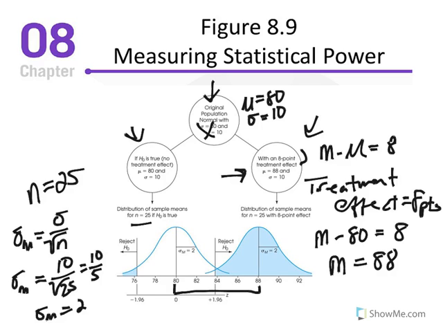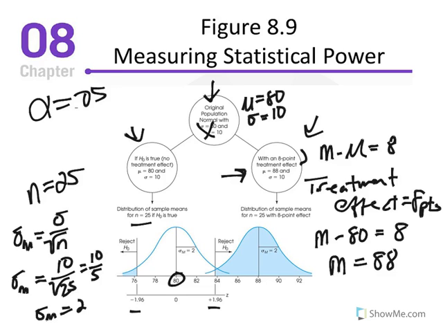All right, and so what we have in this original distribution on the left is the untreated population mean, or if the null is true, no effect. And we are engaging in a hypothesis test where alpha is equal to 0.05, which is where the negative 1.96 and positive 1.96 z-scores are coming from.